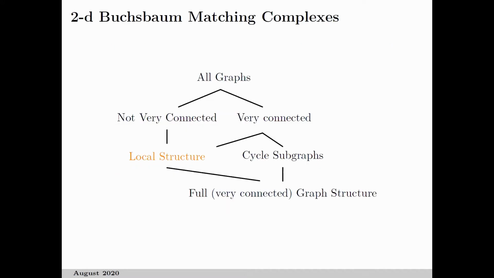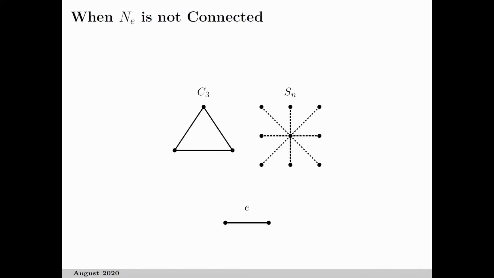So what is the local structure we can have in our 2D Buchsbaum matching complexes? More specifically, what can the n sub E subgraphs be whose matching complexes correspond to the links of vertices in our matching complexes? Well, if n sub E is not a connected graph, then we have relatively few possibilities, which we have all cataloged, though it gets a bit particular.